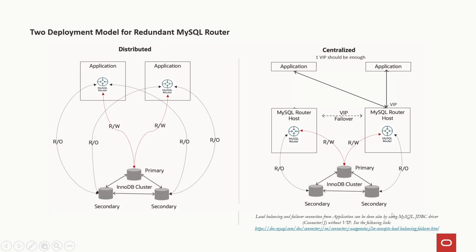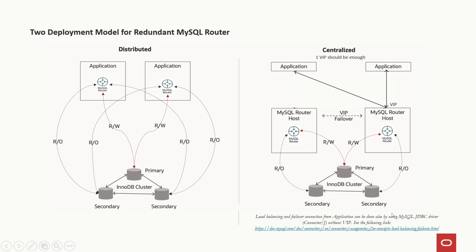You need to have more than one server, and you run your application in all those nodes. Because it is stateless, your application can connect to a local MySQL Router. So the connection is no longer to the remote database servers on the network, but local. You can use localhost or 127.0.0.1.